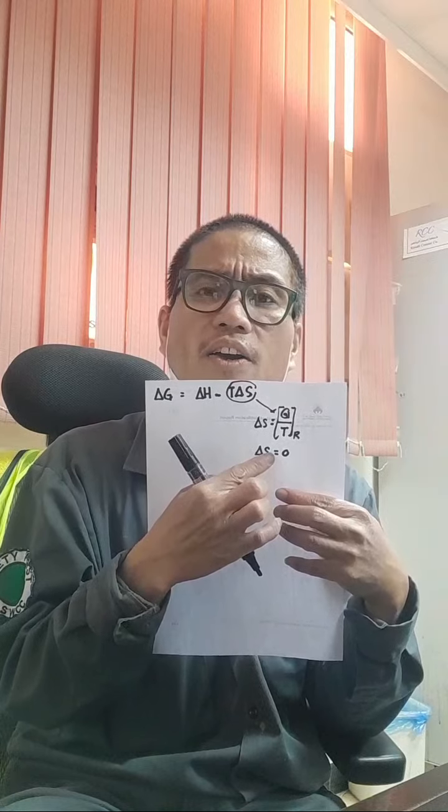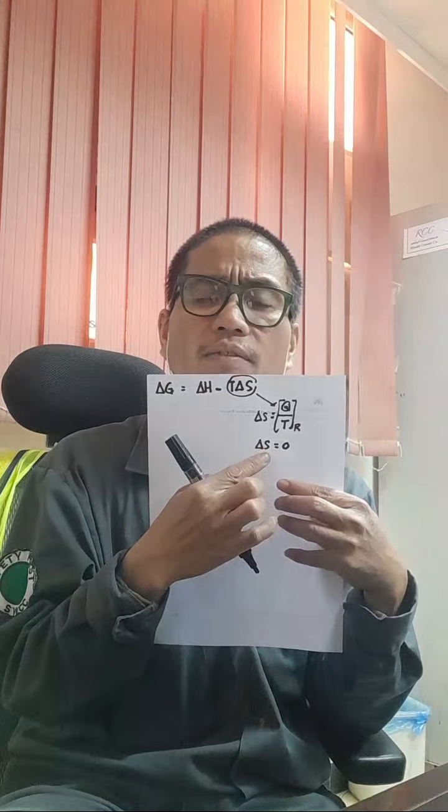So therefore, there's no entropy quantity here anymore. So we can say the change in Gibbs energy is equal to the enthalpy alone. Okay, something like that. If this is an irreversible reaction or irreversible process, then we are not considering the entropy to be equal to 0. We need to have a greater or positive value of the entropy, and this is the second law.